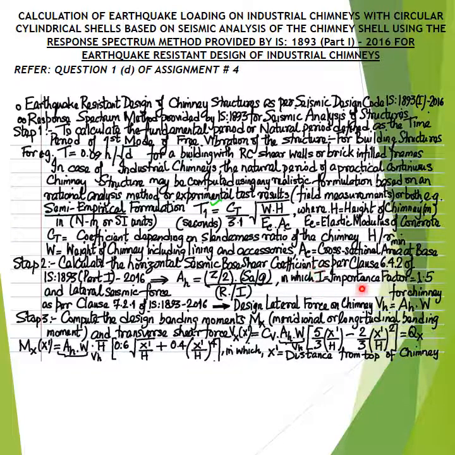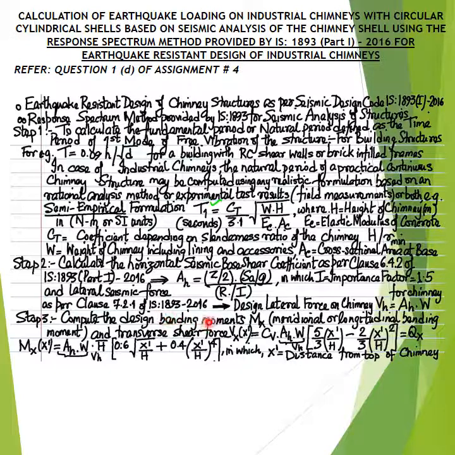And the importance factor of industrial chimneys is to be considered as 1.5, that is the importance factor for important structures, since industrial chimneys are critical structures.